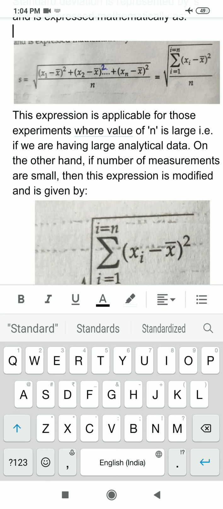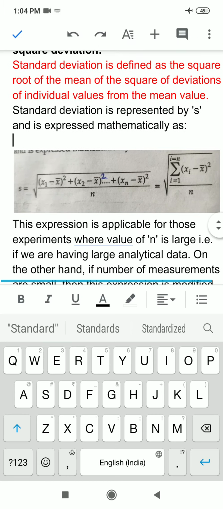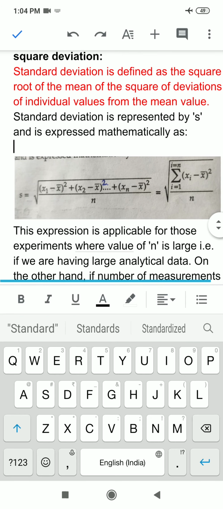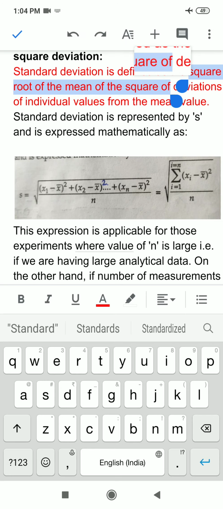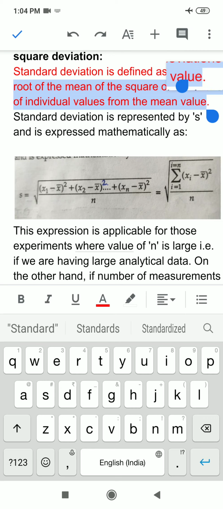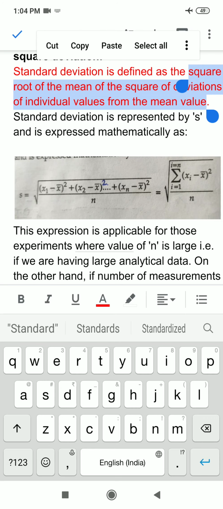So now I am coming back to the definition of standard deviation. So what is the definition of standard deviation? Standard deviation is defined as the square root of the mean of the square of deviations of individual values from the mean value. Is it clear what I am saying? I told you in the formula the meaning of each term.